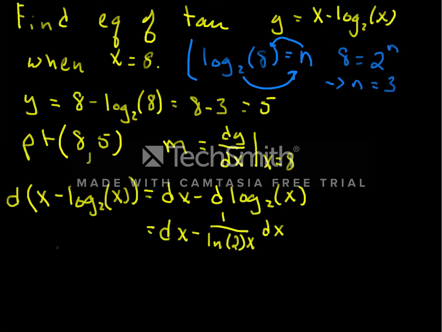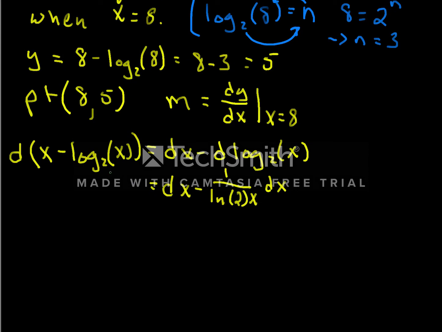So dy dx is just 1 minus 1 over ln of 2 times x.